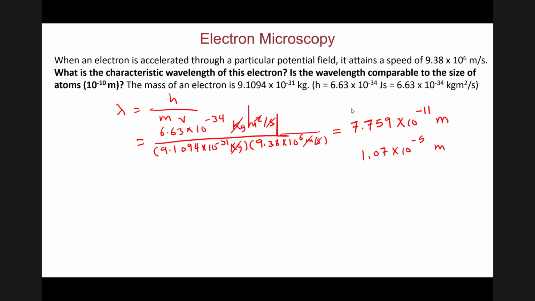And how this helps in electron microscopy is that in order to be able to see anything or picture anything, the wavelength you're using has to be smaller than the size of your object.